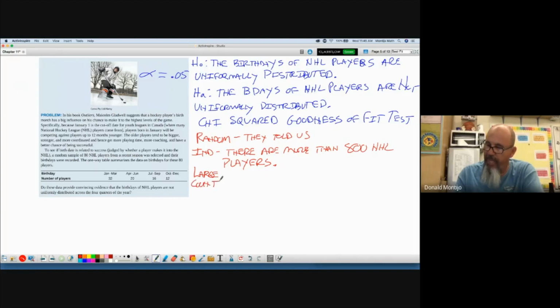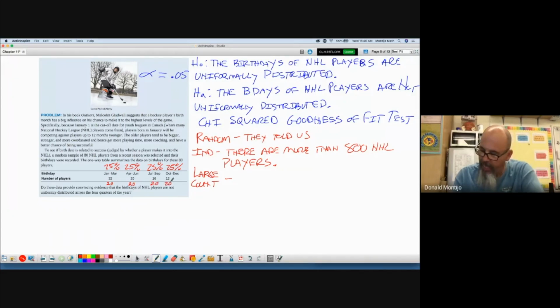condition, remember that condition says that no expected count can be less than 5. So if they're uniformly distributed, then we expect 25% to be in the first quarter, 25% in the second, 25% in the third, and 25% in the fourth. So this total of 80, we're going to multiply that by 25%. And that's going to give us an expected count of 20.